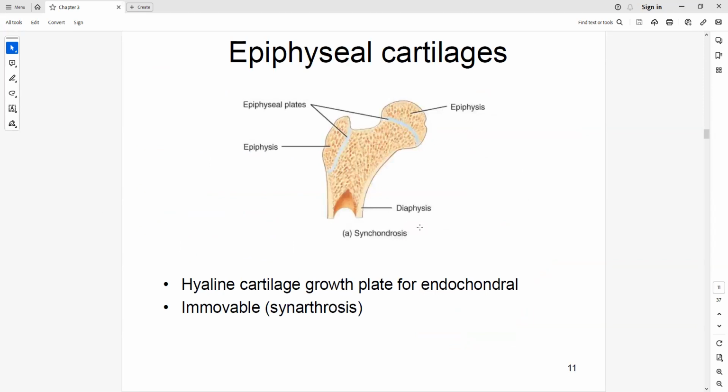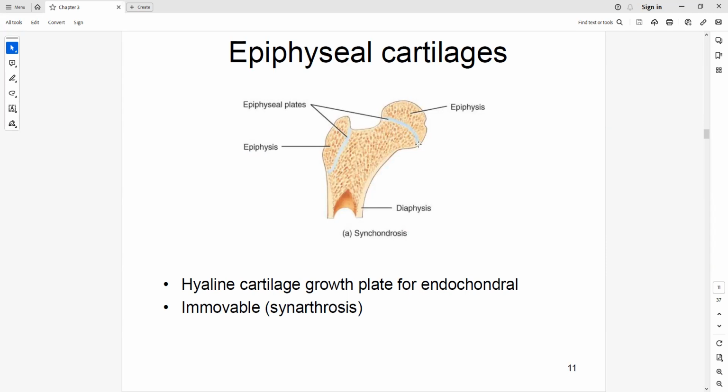And then the last of these cartilaginous joints is the epiphyseal cartilage themselves. These are also called growth plates. So the bones grow in length because of the action of these epiphyseal plates. These are hyaline cartilage by tissue type. If you remember way back in chapter 6, we described the mechanism of how bones grow in length.